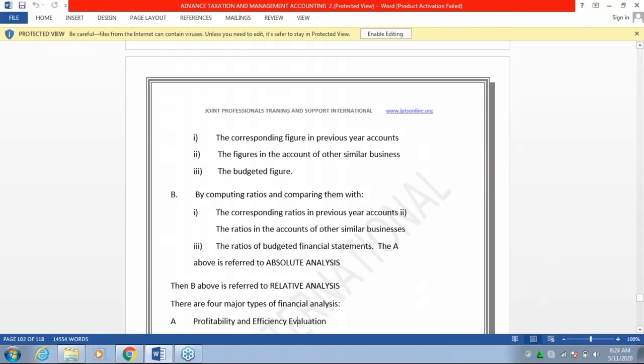That is why we use the preceding years, 2019, 2020. When we are calculating the ratio, we use two years or more to determine whether the company is moving forward or not. So the ratio of budgeted financial statement is referred to as an absolute analysis.